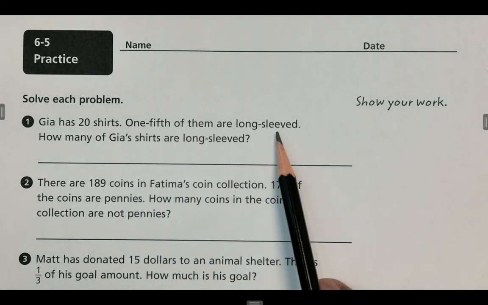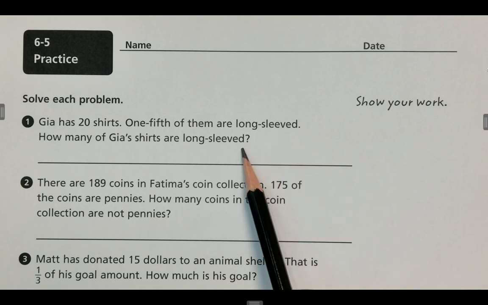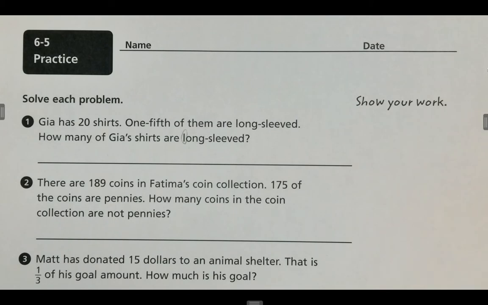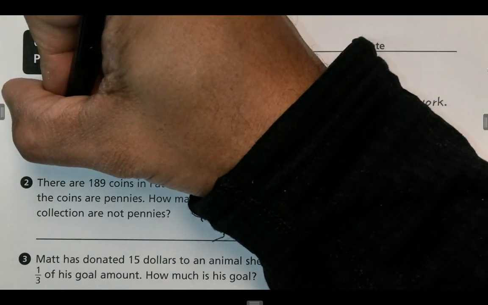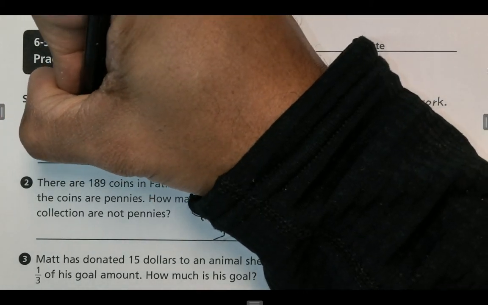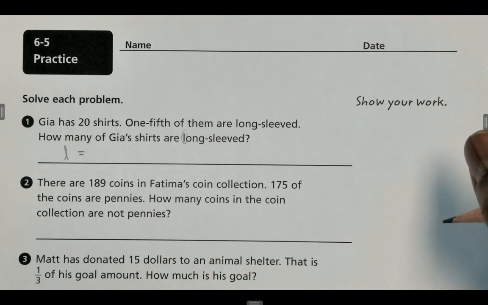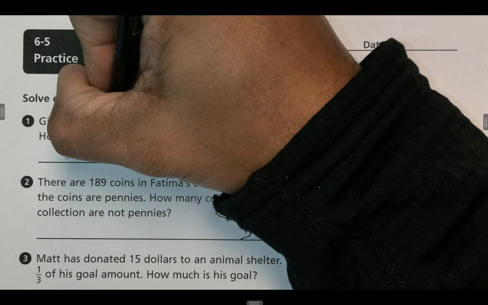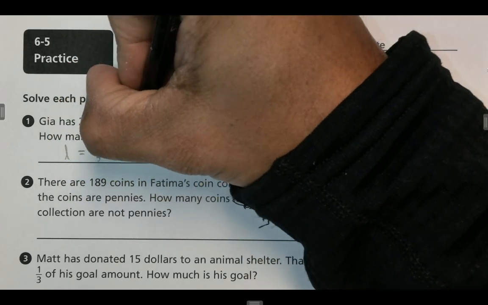Gia has 20 shirts. 1/5 of them are long-sleeved. How many of Gia's shirts are long-sleeved? Okay, I'm going to use L to represent the unknown, the variable. And really what we're trying to ask ourselves is, what's 1/5 of 20?